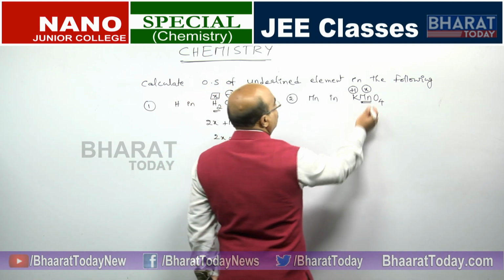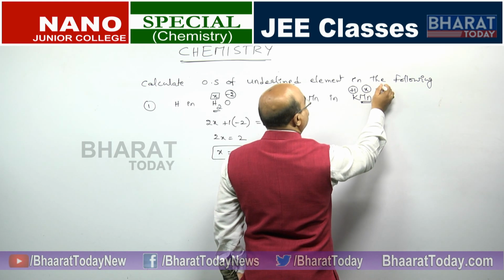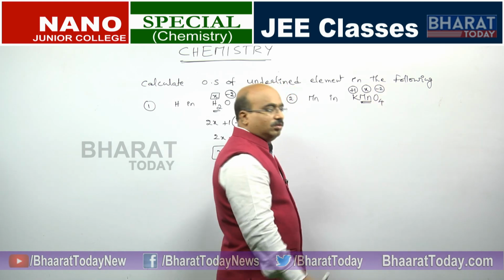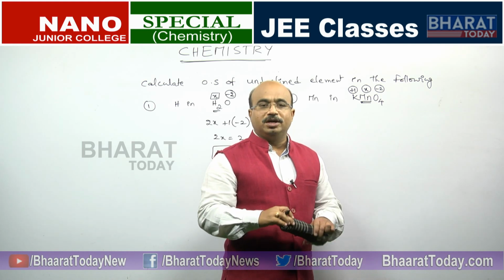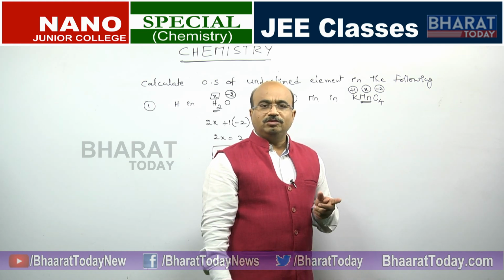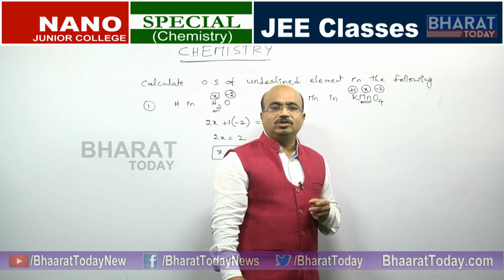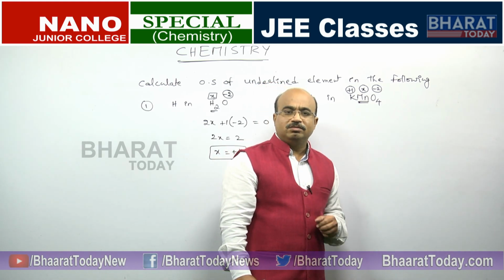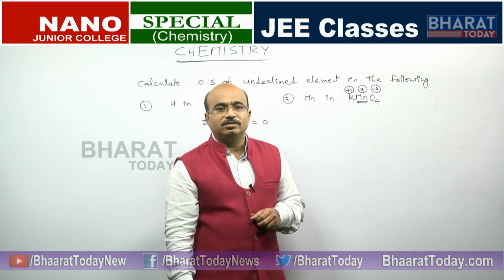So, what is oxygen now? Oxygen should be taken -2. Why should it be taken -2? Because we have 3 conditions for oxygen when it is bonded. One is when it is bonded to any other element. The next condition is when it is bonded to only fluorine, or when it is peroxide or superoxide.